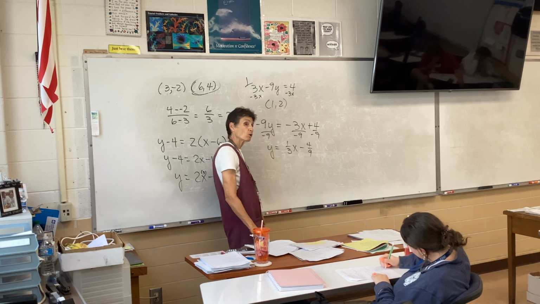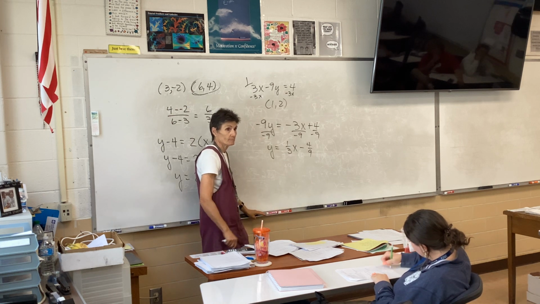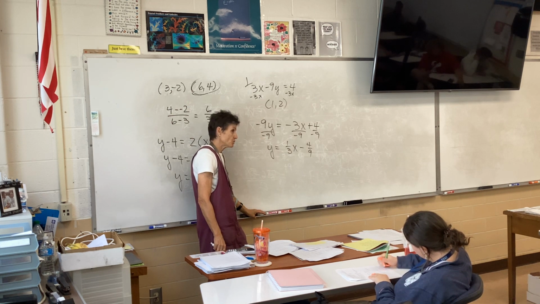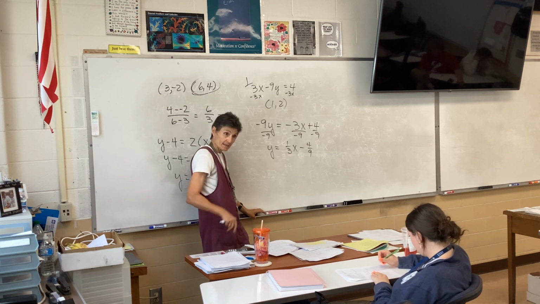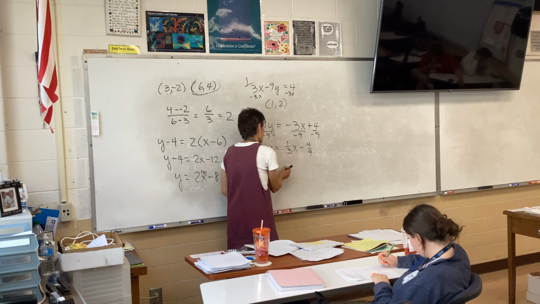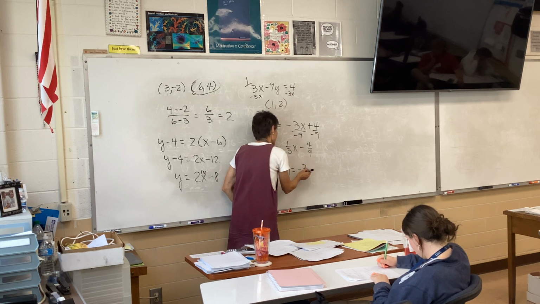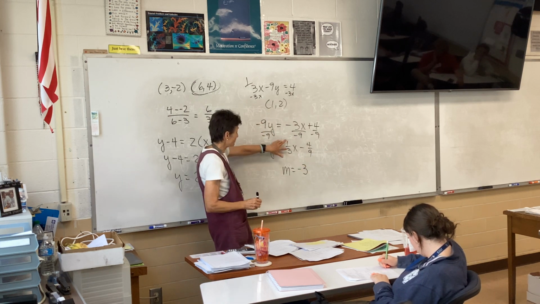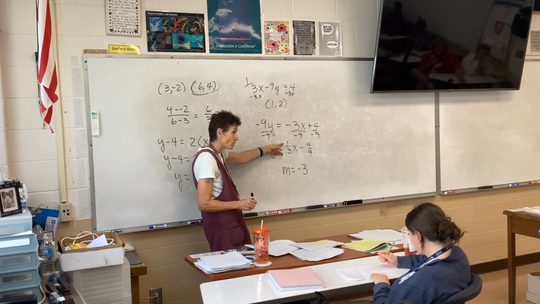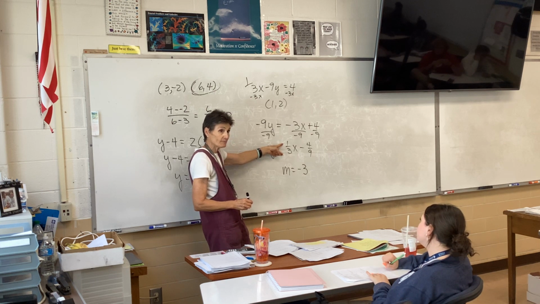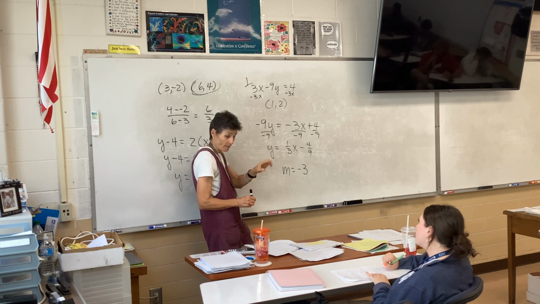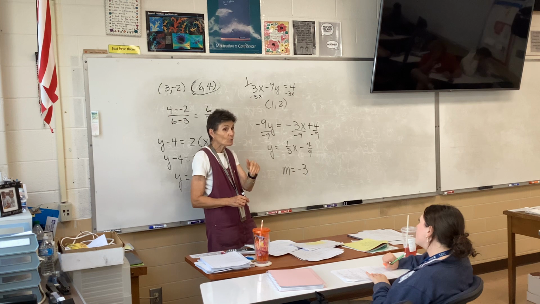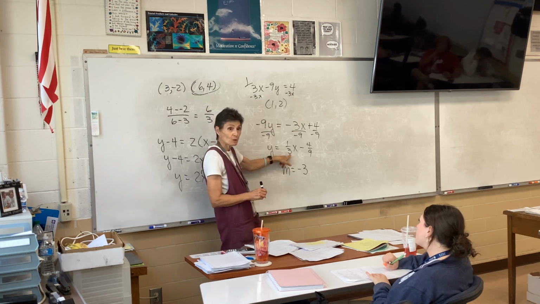I'm doing a perpendicular problem, so I don't think I should use 1/3, I think I should use -3. Because if I'm perpendicular, I have to turn my slope over and make it negative. If I were doing a parallel problem, then I would use 1/3.